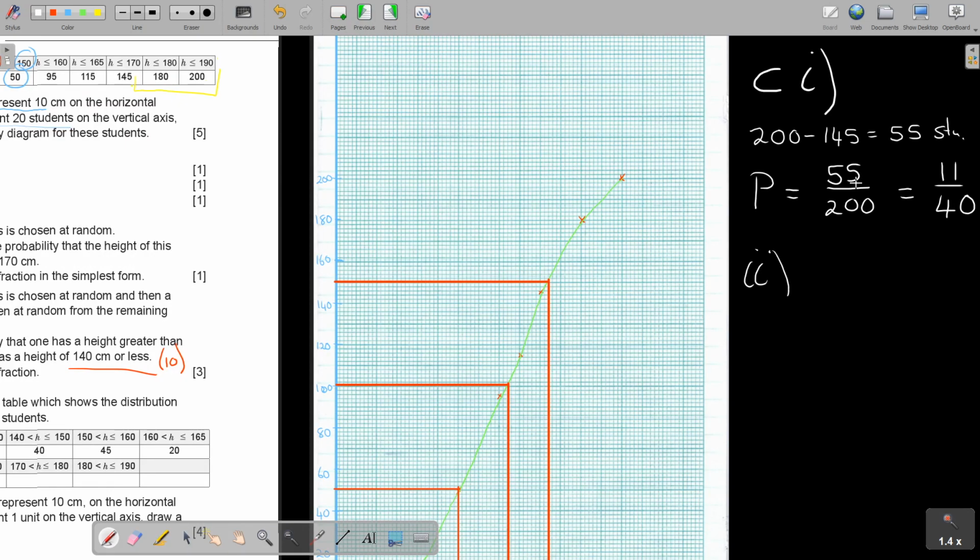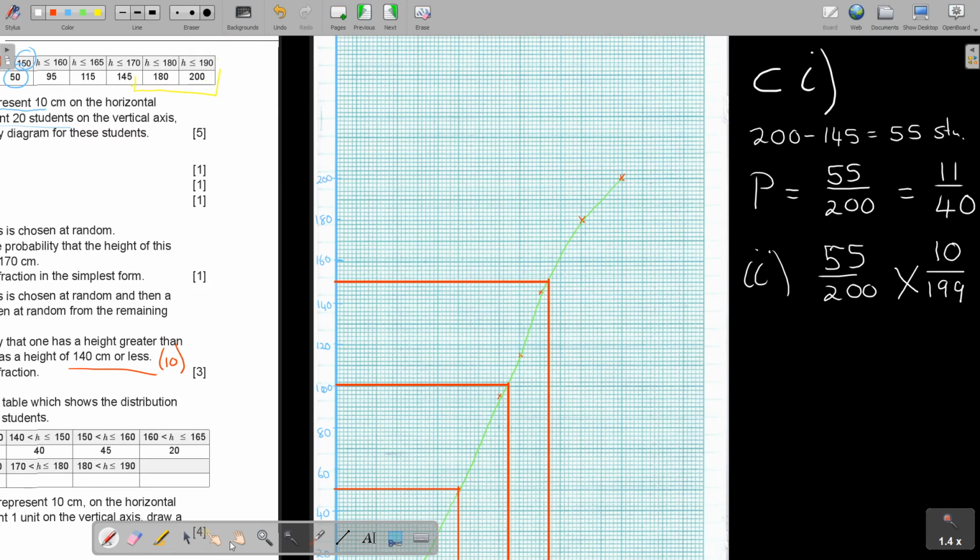The probability of this one greater than 170, but let's keep it to 200. It's 55 over 200. And then I multiply, it's almost like it's in a branch. And then it was that 10, remember, but now I said there's not 200 students, it's just 199.